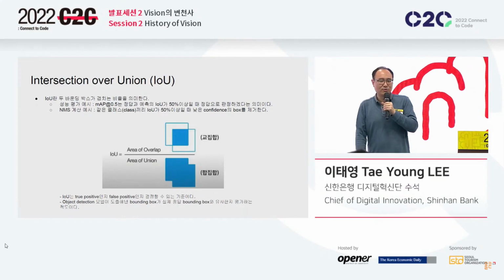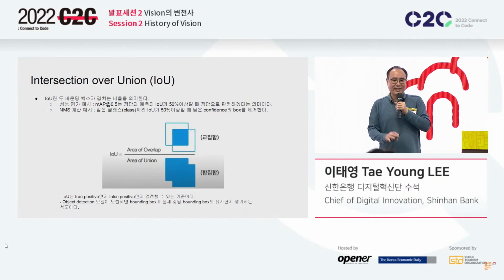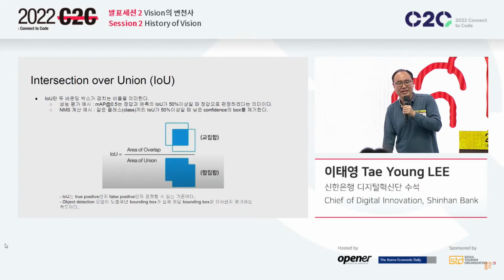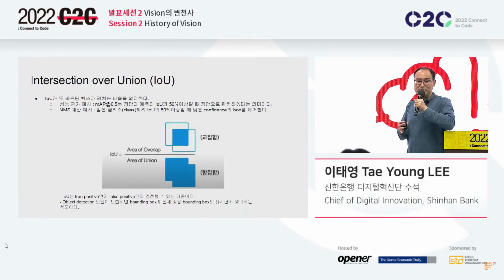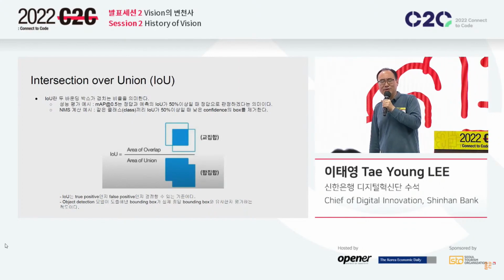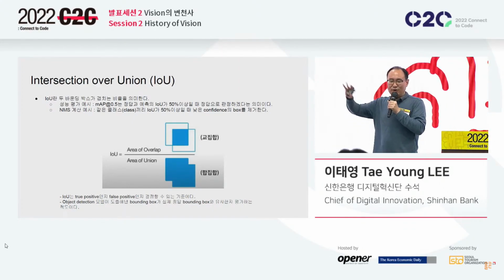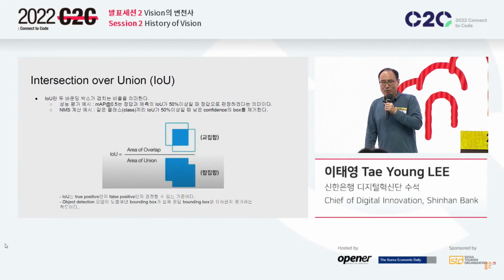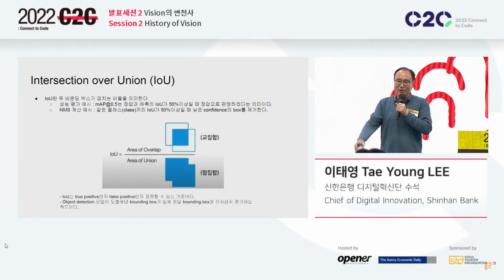There are many different parameters, and the bounding box or overlapping area will determine the level of performance. The cut-off threshold is also an element that determines the level of performance.